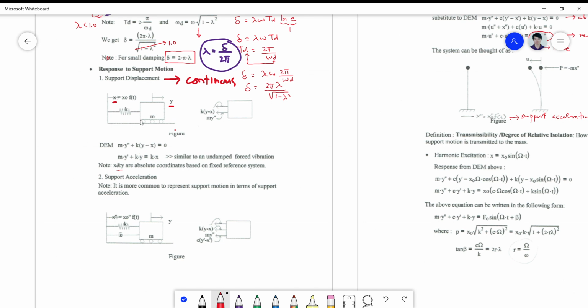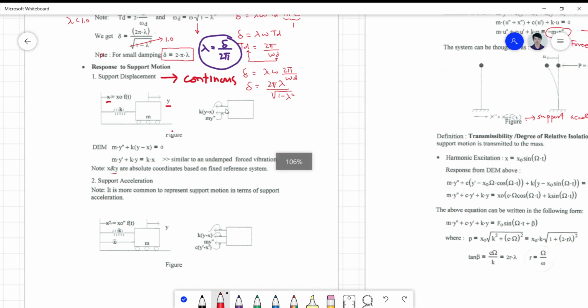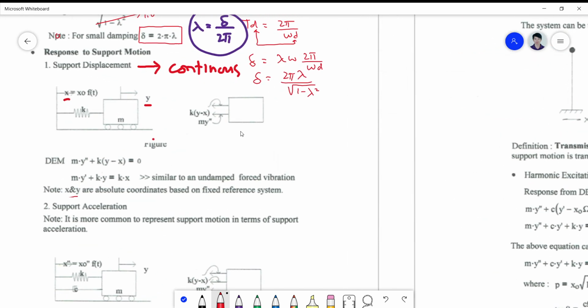Now if we look into the relationship of the elements of vibration, which is the spring and the mass, the mass is related to your y coordinate, while your spring is related to both x and y, such that your forces in this free body diagram are given by the spring force k(y minus x), and m y double prime.